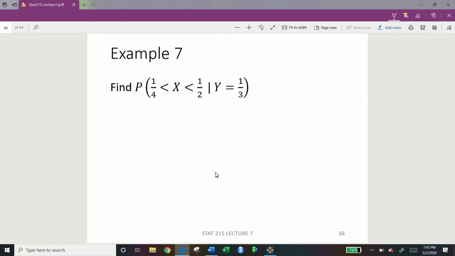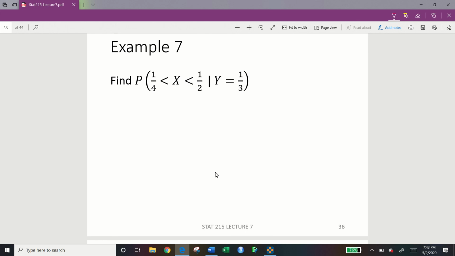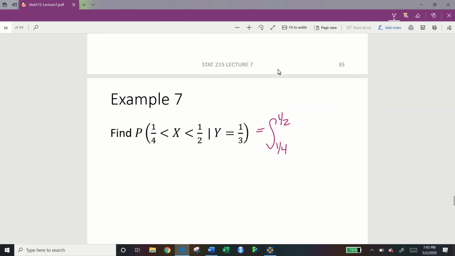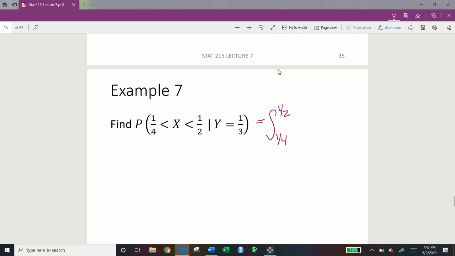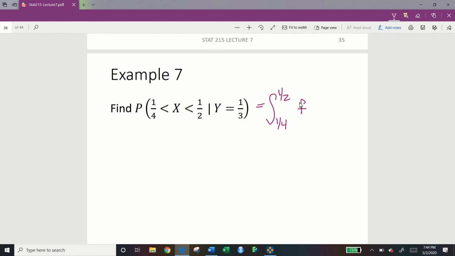All right, probability. So let us find the probability of 1/4 less than x less than 1/2 given that y equals 1/3. So this is not too bad. We will integrate from 1/4 to 1/2, using our function from above, f of x given that y equals 1/3, dx.